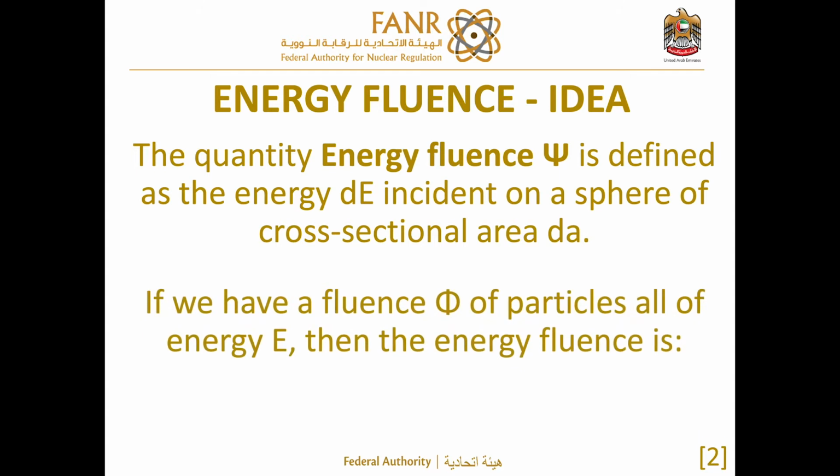We can express the energy fluence as fluence multiplied by the energy which is carried by each single particle. That's quite simple. If we have fluence of particles phi, and each particle is bringing an initial kinetic energy of E, the energy fluence will be phi multiplied by E.